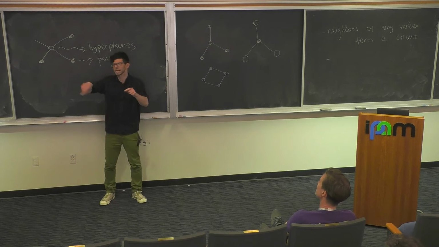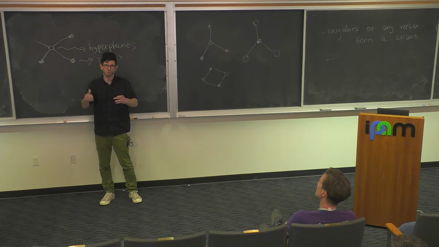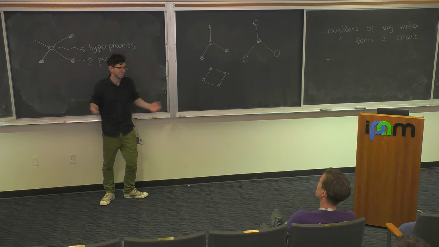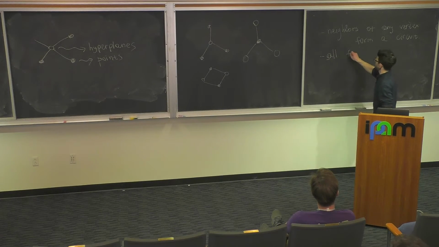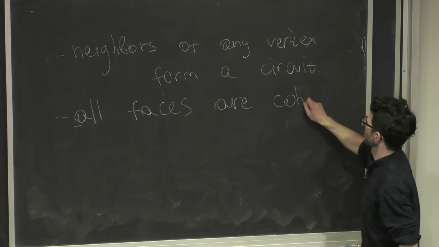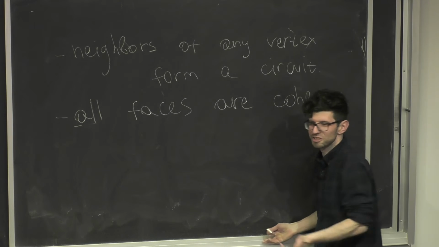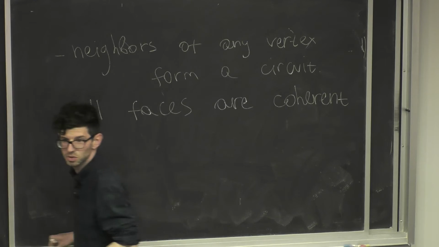If you have a hexagonal face, the condition is that you can subdivide it into quadrilaterals so that in each quadrilateral the coherence will hold. So the condition is that all faces are coherent, which means that the multi-ratio around every face is equal to 1.